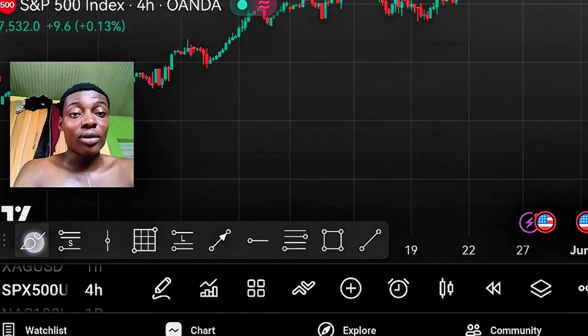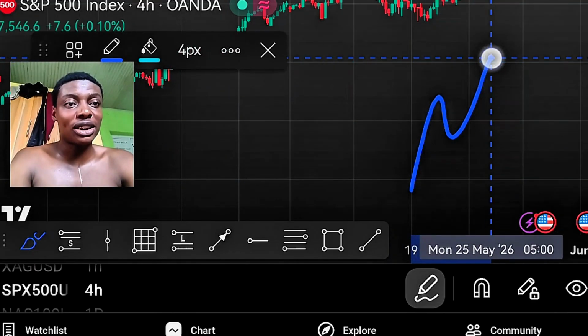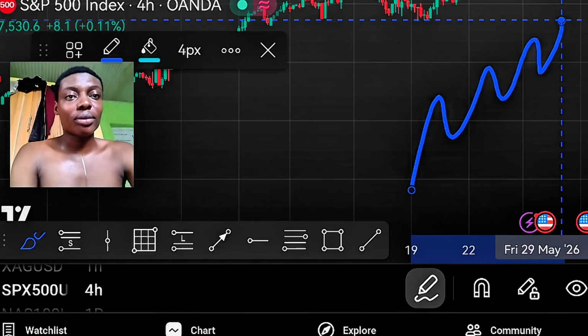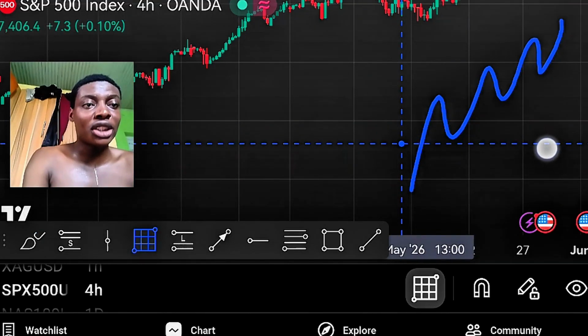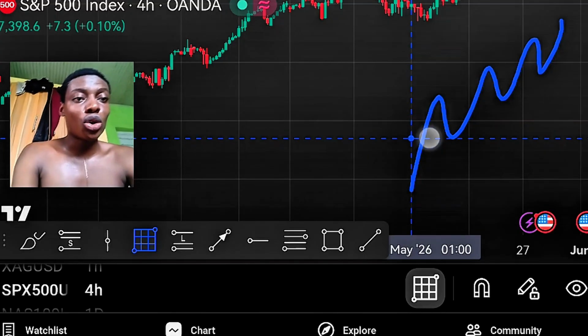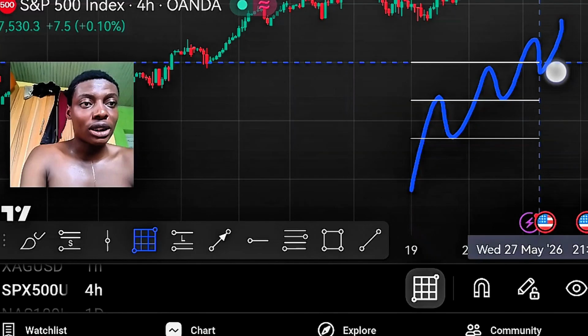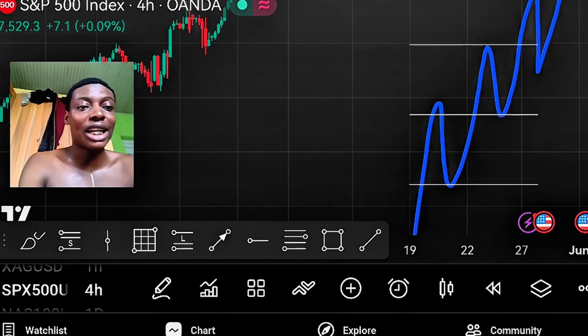So if we are in an uptrend, something like this, now a discount of equilibrium, we draw it from the low to a high. So this is how it is. So price has to retest into discount.